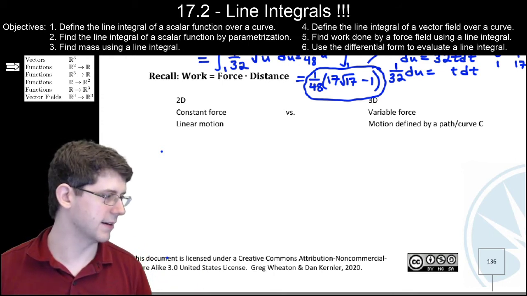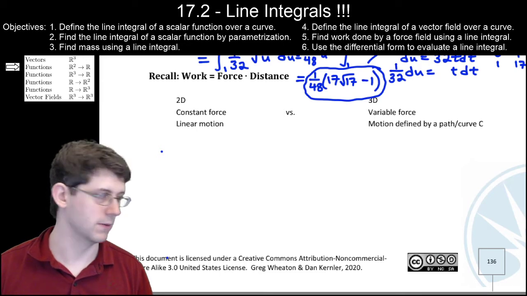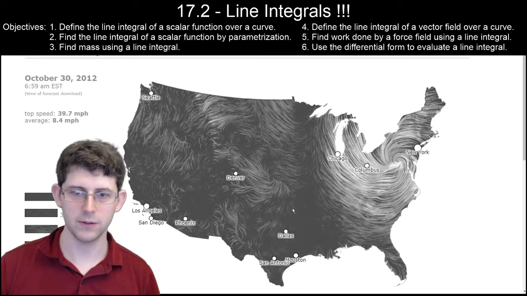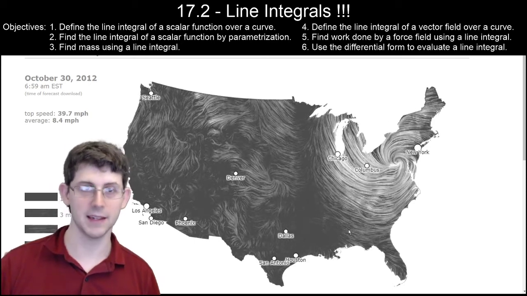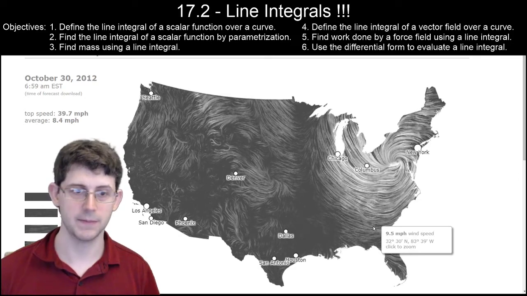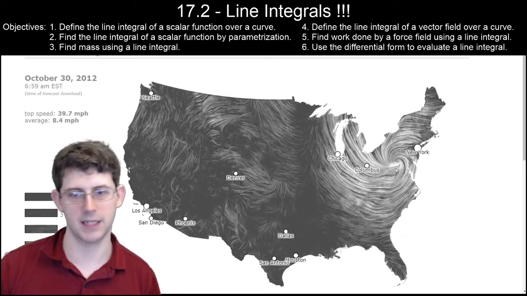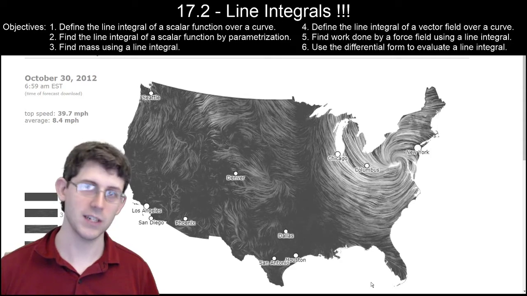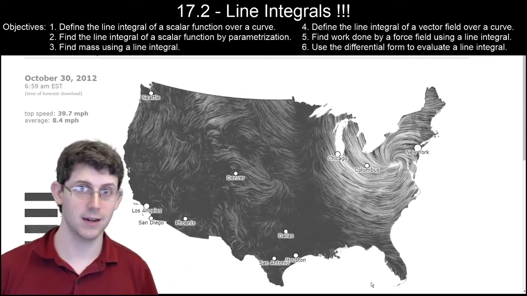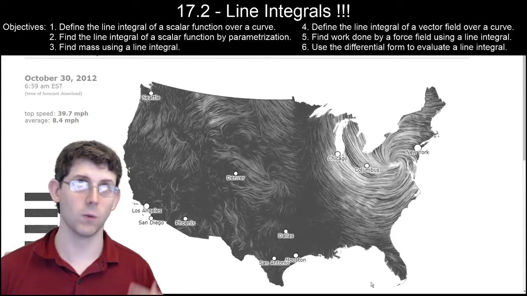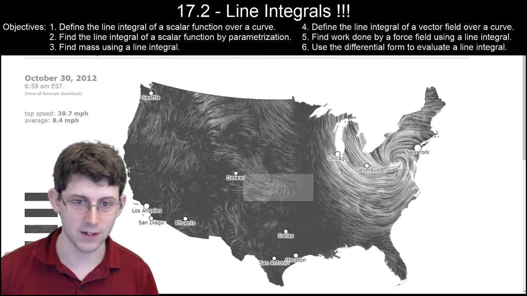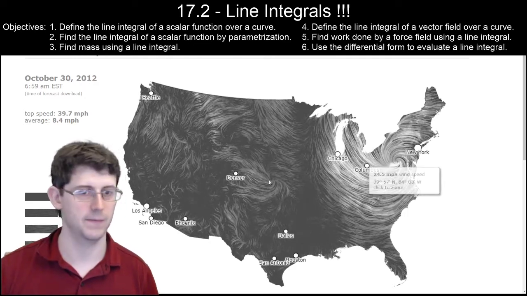Let's take a look at our wind map here. This was my Hurricane Sandy wind map. Say that the wind looked like this on the day that you were driving cross country, and you drove from Denver to Columbus. The question is, would the wind generally help you on your journey, or would it hurt you? What's the work that the wind does on you if you were driving directly from Denver to Columbus?